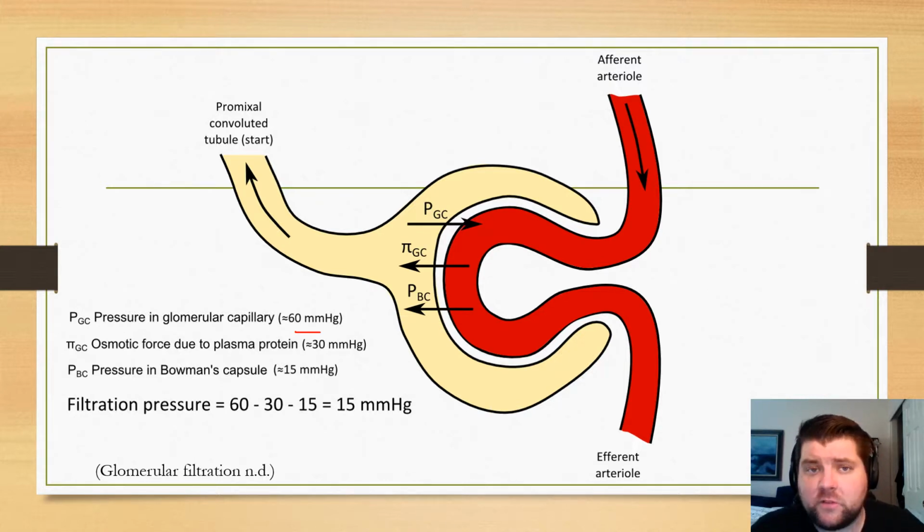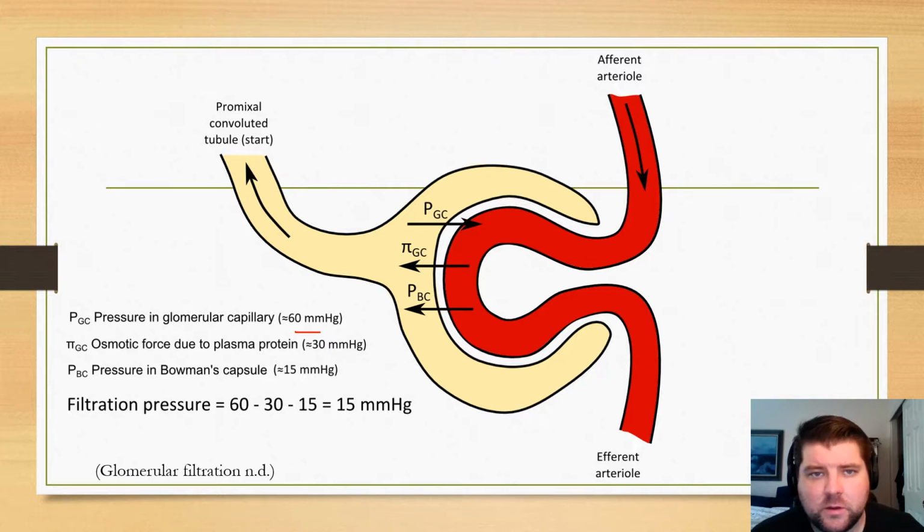So glomerular filtration occurs because the blood pressure is higher than that of the osmotic pull of the proteins within the capillary and the pressure of filtrate within Bowman's capsule. In the example here, if the PGC fell to 45 millimeters of mercury, no filtration would occur.